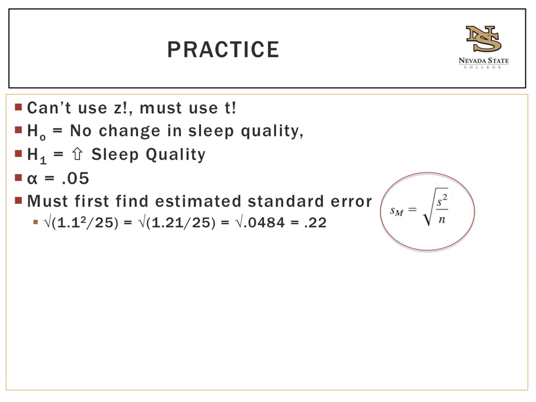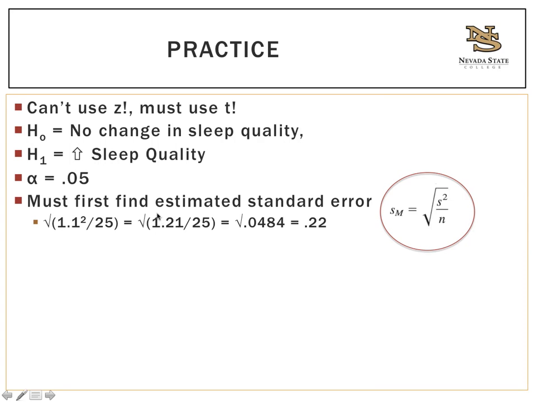So in this case, when we square our standard deviation of 1.1, we get a variance of 1.21, step 1. Now we plug that into our estimated standard error formula. So we're going to take the square root of 1.21, our variance for the sample, divided by the number of participants in our sample, which is 25.